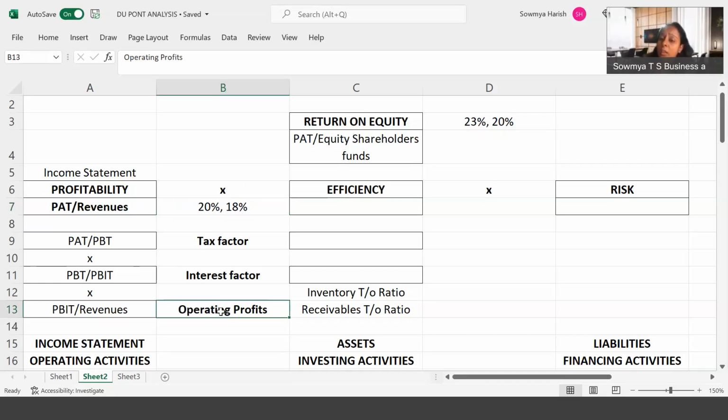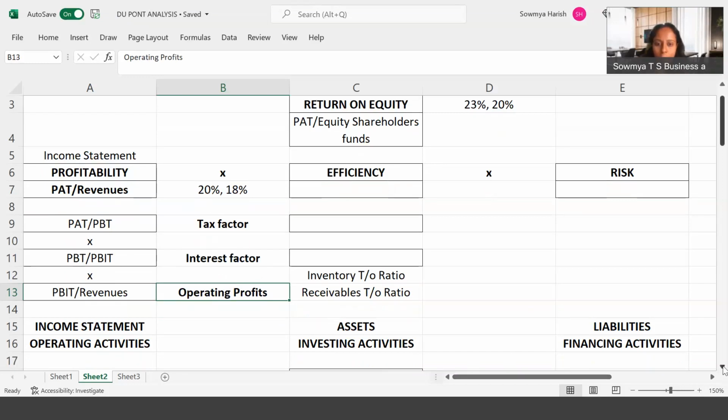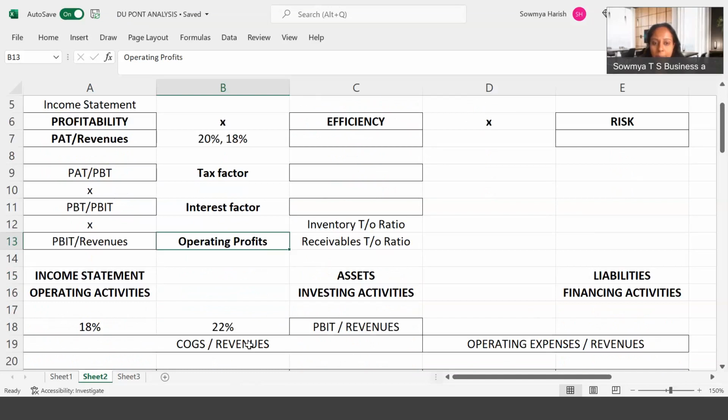To know the real cause for the decline in operating profits, we can further decompose the operating profits, so that we get to know what is the real cause impacting your profitability, which in turn is decreasing your return on equity. So how do we decompose?